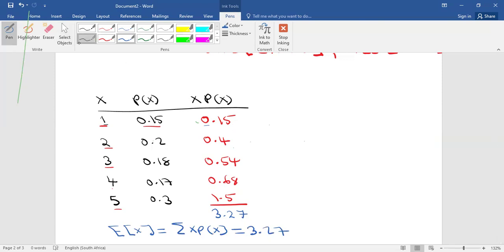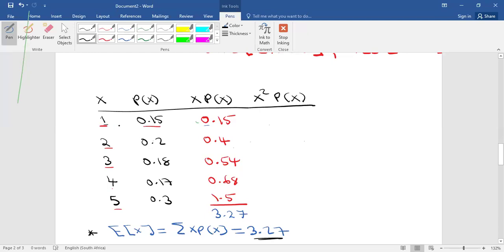Then let's extend. So this is the expectation, the expected value we've computed. Then let's extend the table so that it will help us find now the variance. So x squared px. For x squared px, it means we are squaring x, then multiplying with the probability.